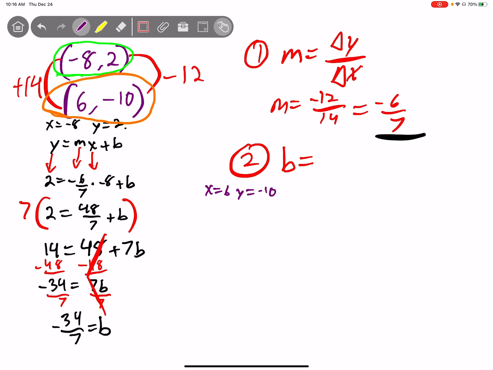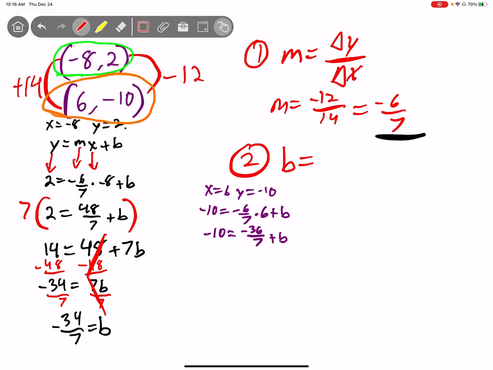So we're going to substitute y equals mx plus b. In this case, y is negative 10. m is negative 6/7. x is 6. And b stays b. So now I'm going to multiply everything out. Negative 10 equals negative 6 times 6 gives me negative 36 over 7 plus b.